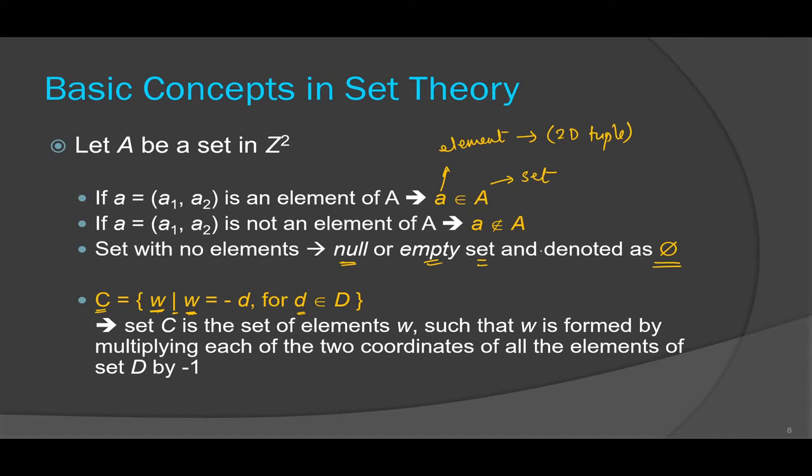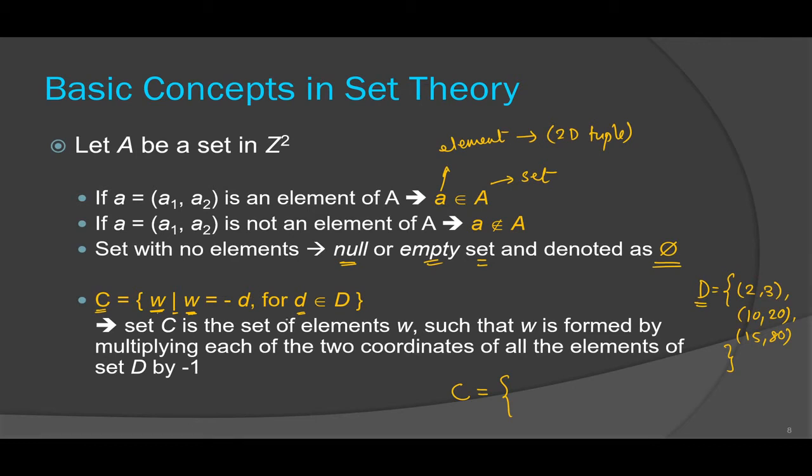Say for example, capital D is a set, and in this capital D I have a few elements like (2, 3), then (10, 20), and (15, 80). So these are three elements in my set capital D. What I am saying is C comprises the elements W such that W equals -d.